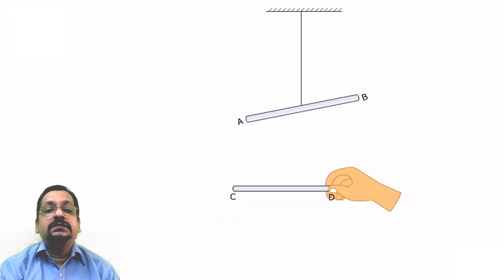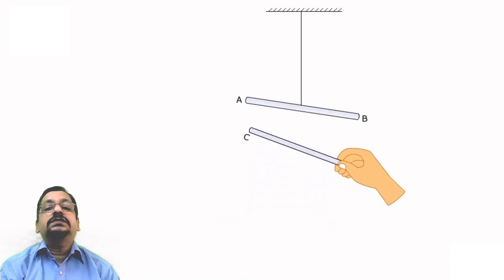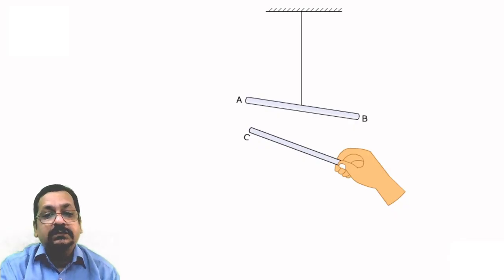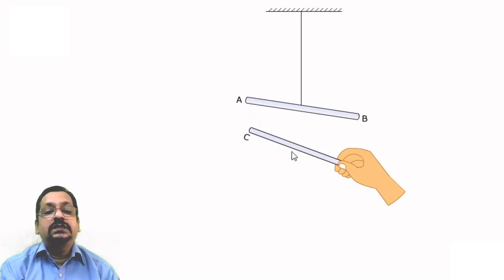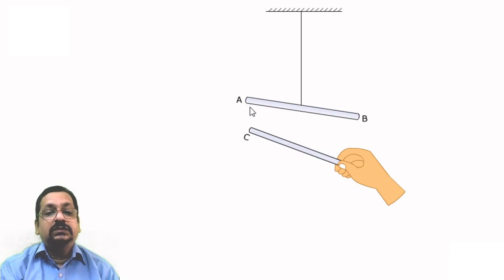Again it is rubbed against silk cloth, so it is charged, and now we are bringing it towards AB. And what have you observed? This suspended glass rod is getting deflected. The end A of this suspended glass rod is getting repelled because of this other glass rod CD, which is again charged. So there is a repulsion between the two glass rods.